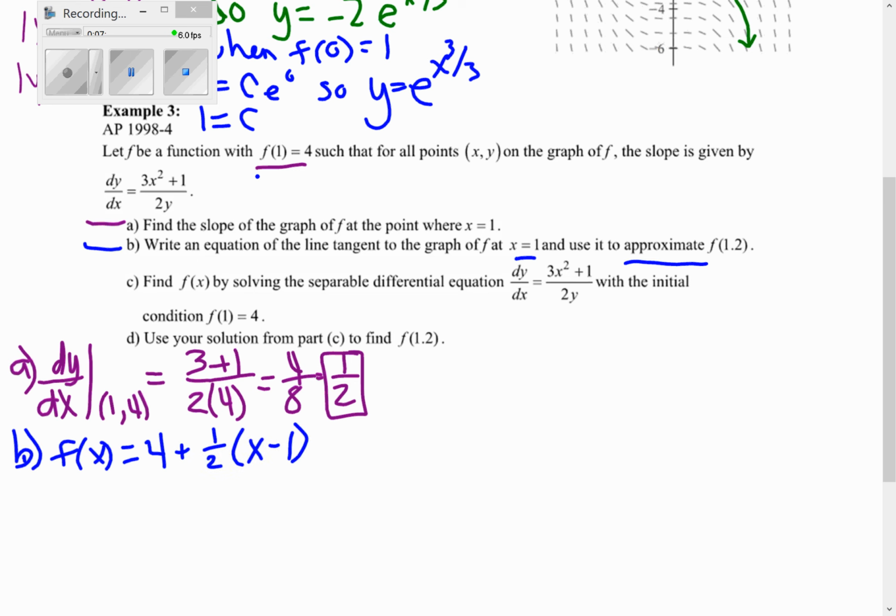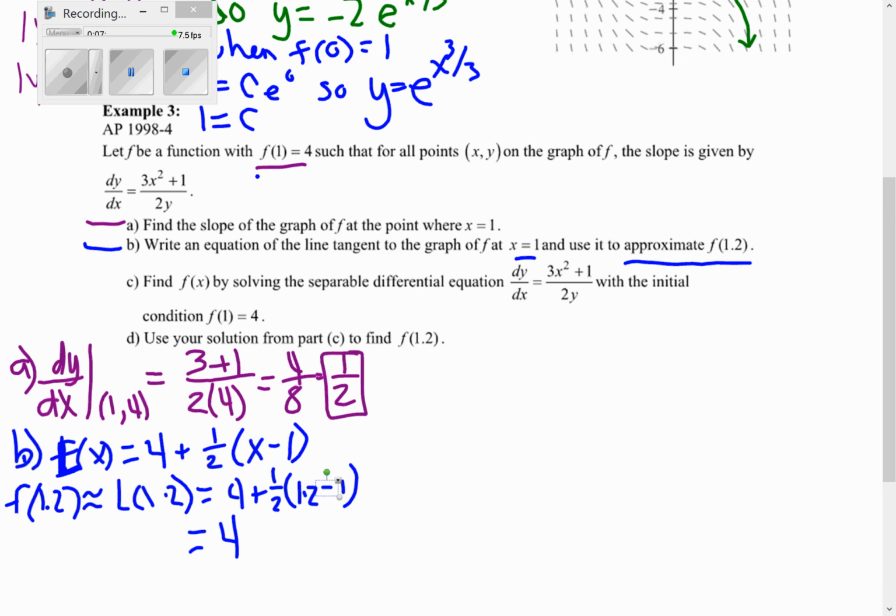We're trying to approximate this, so maybe I shouldn't call it f. I'll call it L for line. So f of 1.2 can be approximated by L of 1.2, which equals 4 plus 1/2 times 1.2 minus 1, which is just 0.2, times a half is 0.1, so we get 4.1.